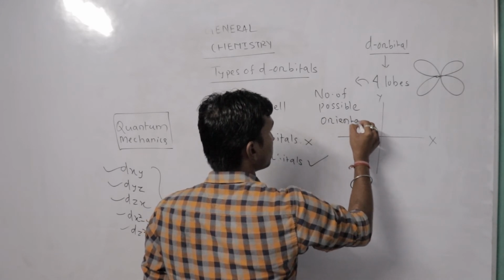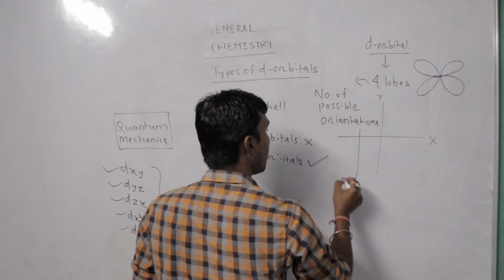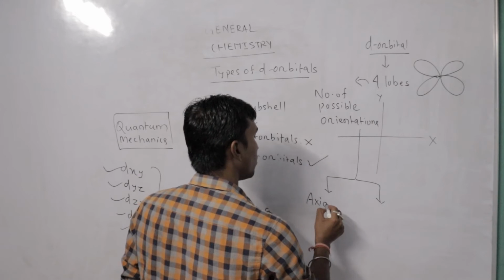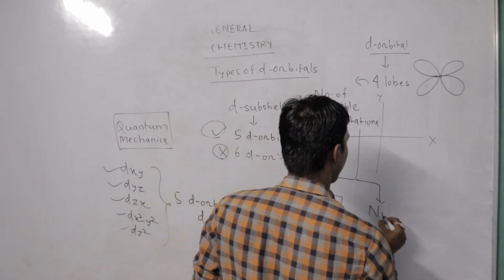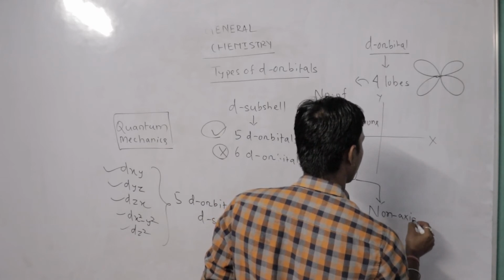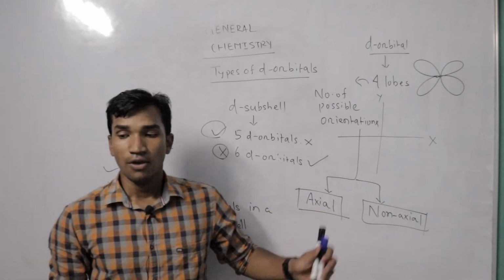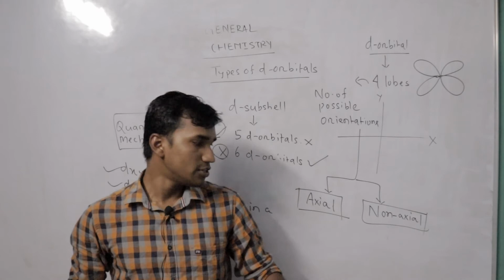When you talk about the number of possible orientations, you have 2 types of orientation. The first one is axial orientation, and the second one is non-axial orientation. If it is towards the axis, this is axial orientation.